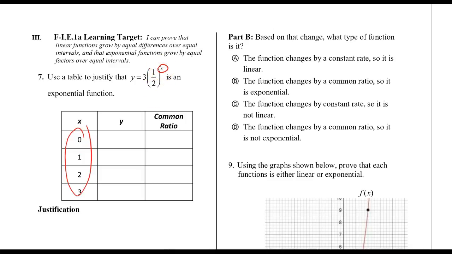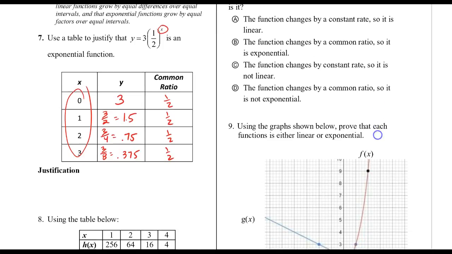My first one, 3 times (1/2) to the 0 is just 3. 3 times (1/2) to the first is 3/2, which is 1.5. 3 times (1/2) squared is 3/4, which is 0.75. And 3 times (1/2) cubed is 3/8, which is 0.375. And my common ratio, we should already know that just from the equation itself. My common ratio is 1/2.